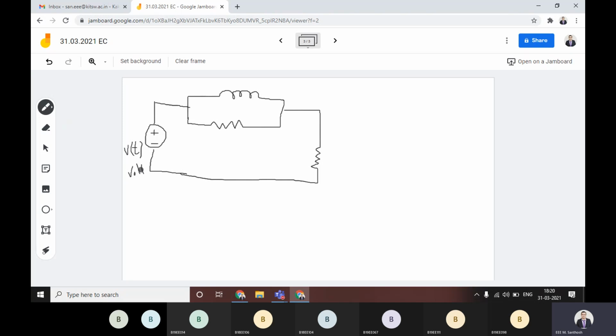The inductor is 1 Henry. The current flowing through it is IL, with positive terminal here and negative there. This resistor is 2 ohm, we call it R1, and this one is R2, also 2 ohm.